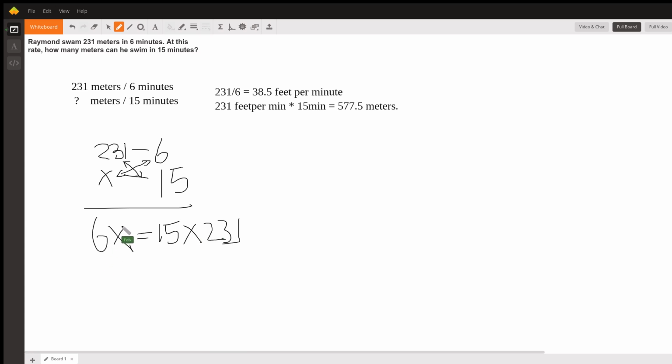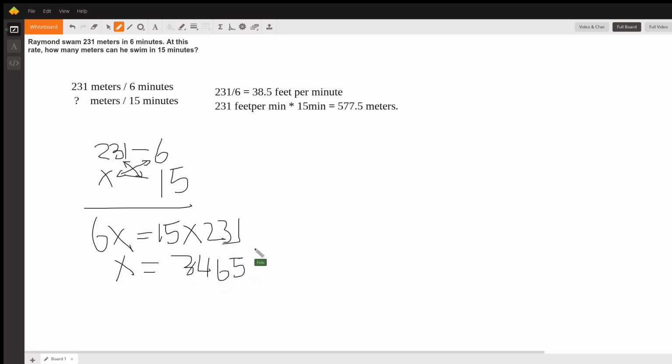If you solve for that, you divide both sides of the equation by 6, and you will get x is equal to 15 times 231. That's 3465.